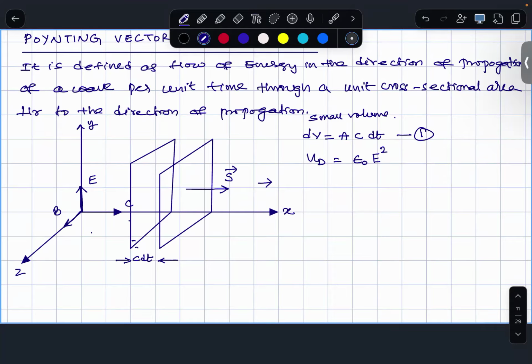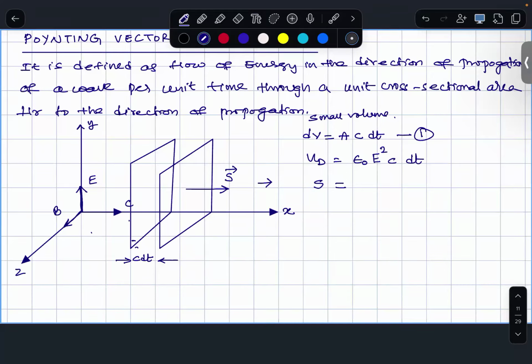And don't worry, it's taking care of both the energies, because this equation comprises both the electric field component and the magnetic field component together. Any doubts? Sure. That is energy density into C into dt. Any doubts? So what is Poynting vector?